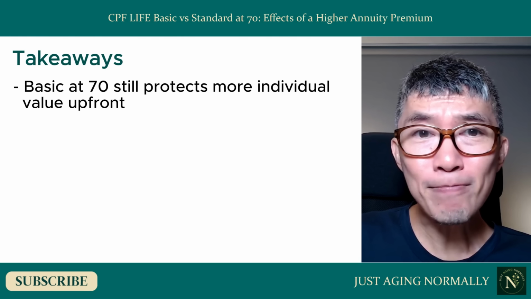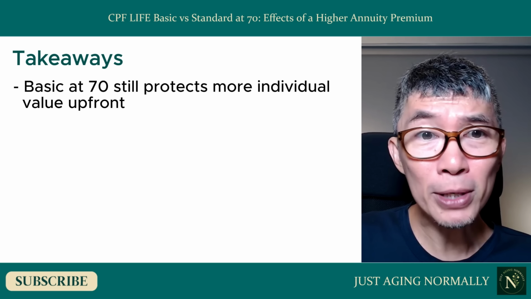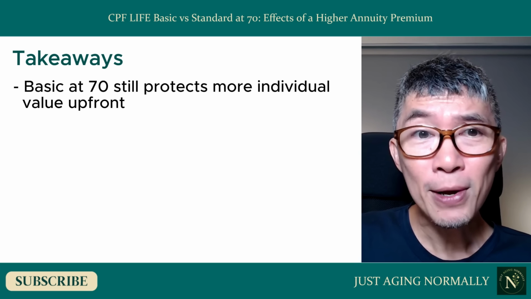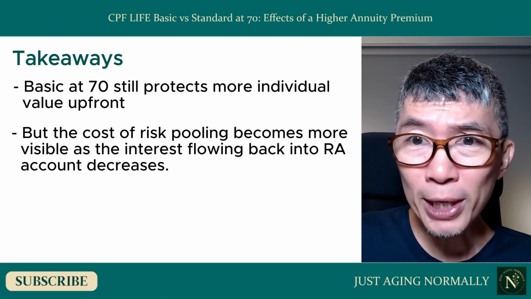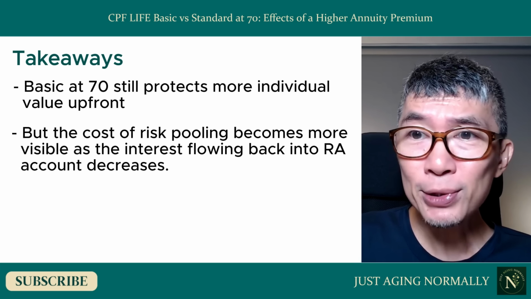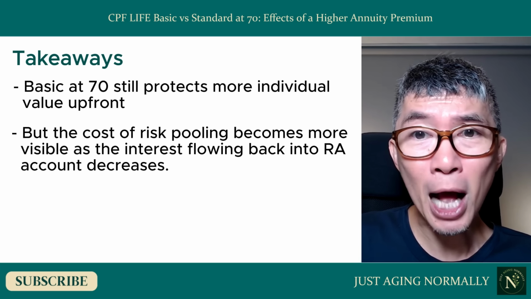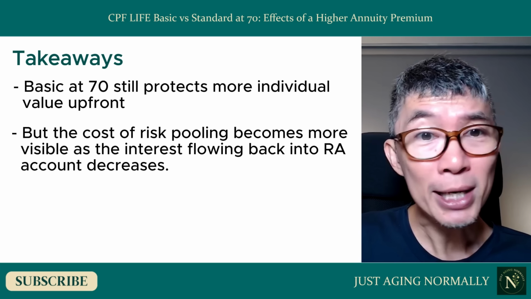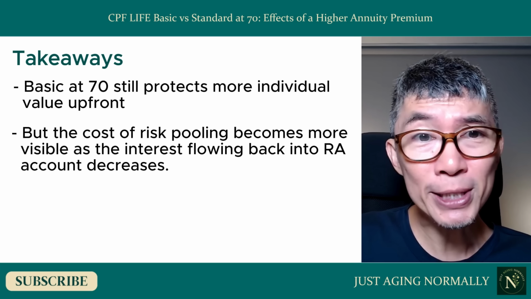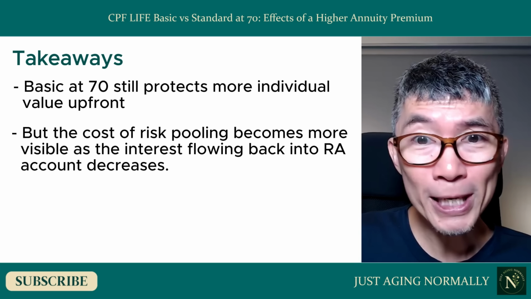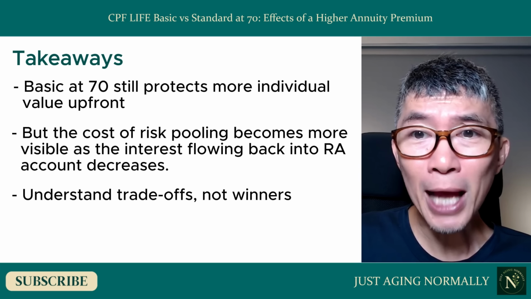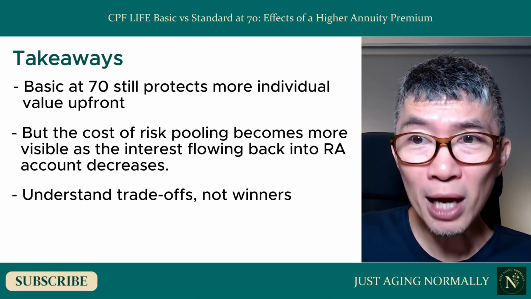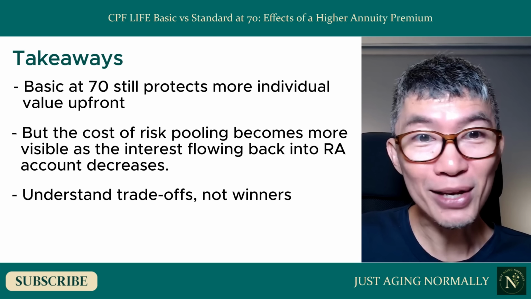At 70, the basic plan still protects more individual value upfront, but the cost of risk pooling becomes more visible as the interest flowing back to the RA account decreases. That's why I've always said this series isn't about picking winners, it's about understanding exactly what you are giving up and what you are buying in return.